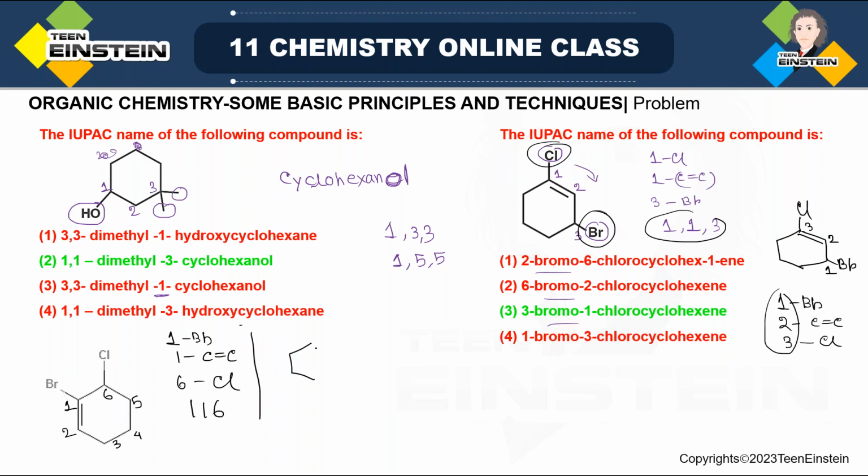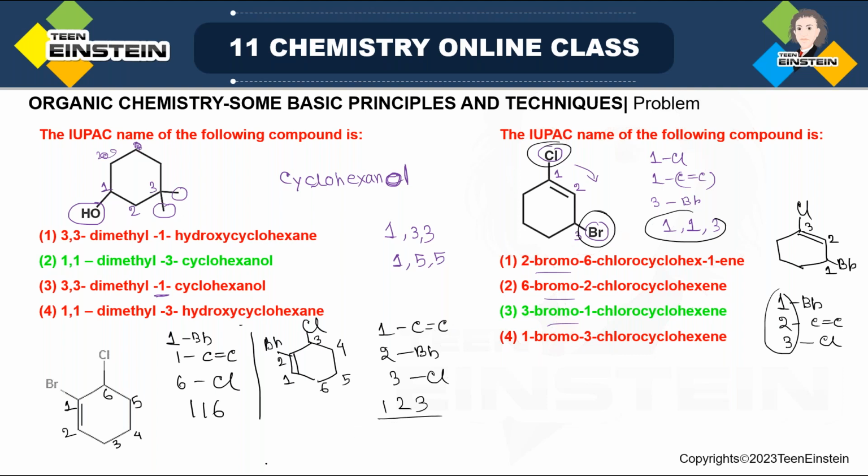Now the other possibility we will also see. I am drawing the same structure, but now I will do the numbering in a different way. Suppose I am starting it here, then 2, then 3, 4, 5, 6. Now see, at 1 position there is the C=C double bond, at 2 position there is Br, at 3 position there is chloro. So we are getting 1, 2, 3, which is obviously less preferred than 1, 1, 6.